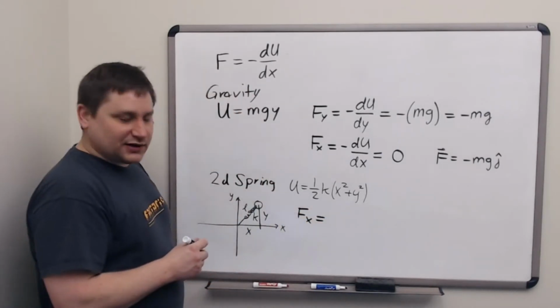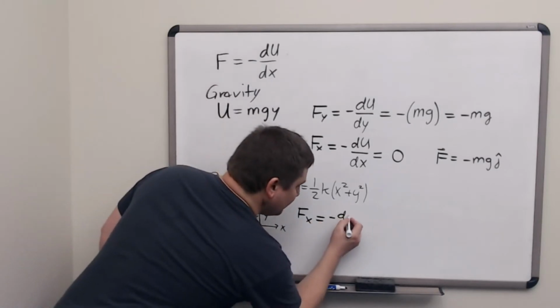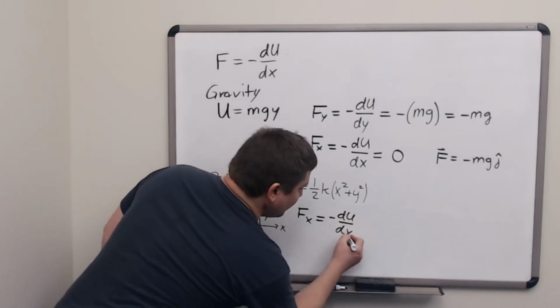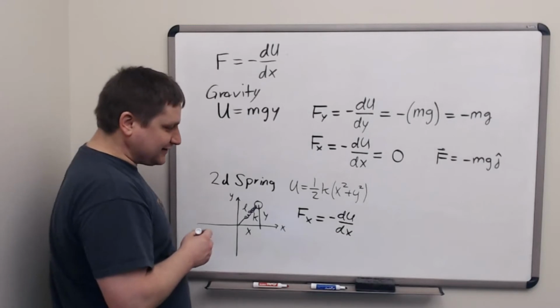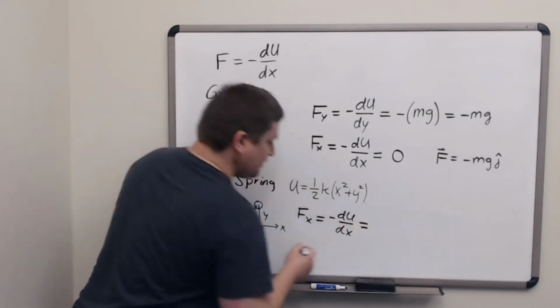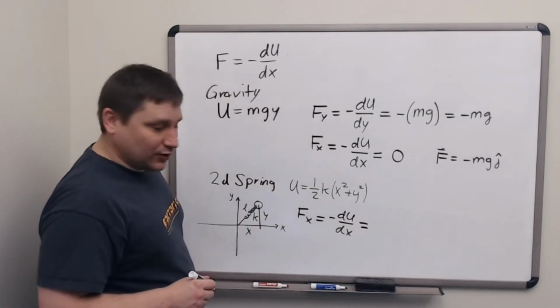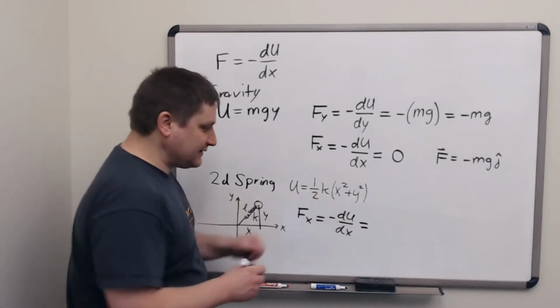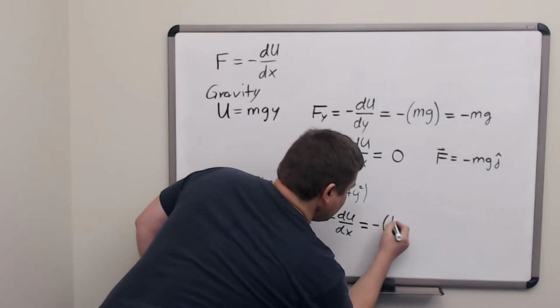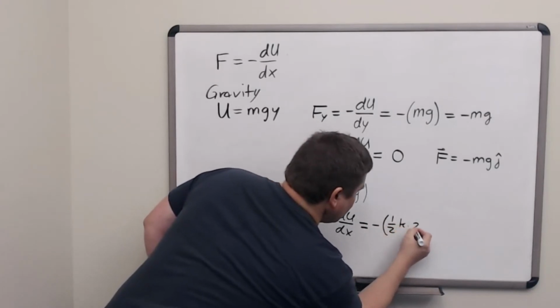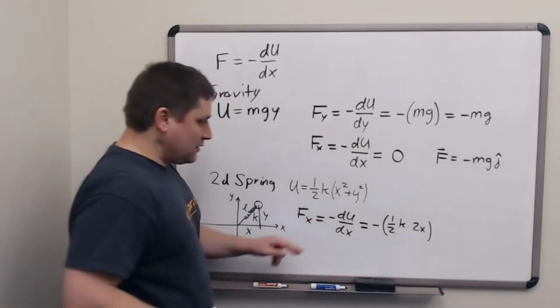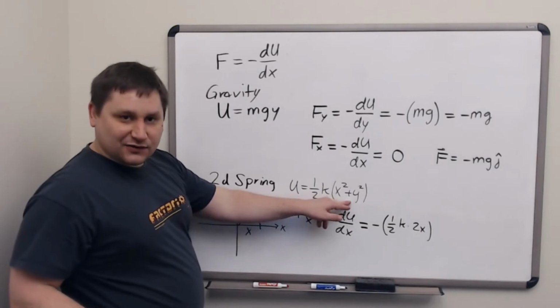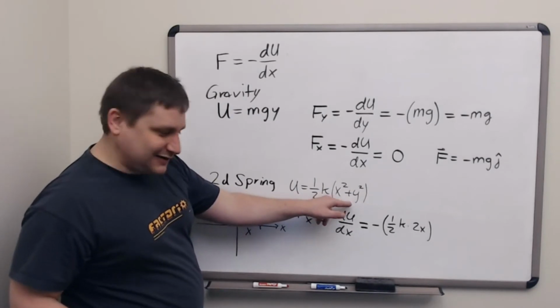The x component of the force due to the spring will be the negative derivative of potential energy with respect to x. Using the power rule, I'll get 1/2 times k times 2x. The y squared term has a derivative of 0 with respect to x.